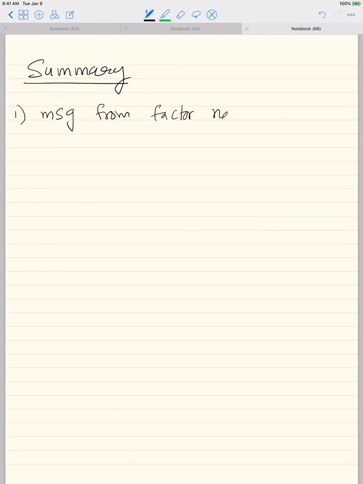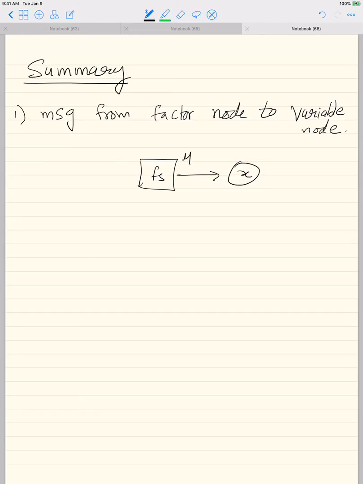From factor node to variable node. So in other words, if fs is the factor node, it's connected to x, which is the variable node, then we want to compute mu fs to x.